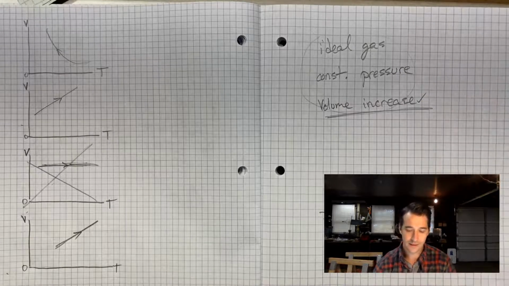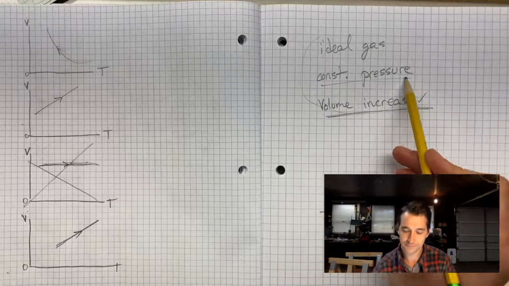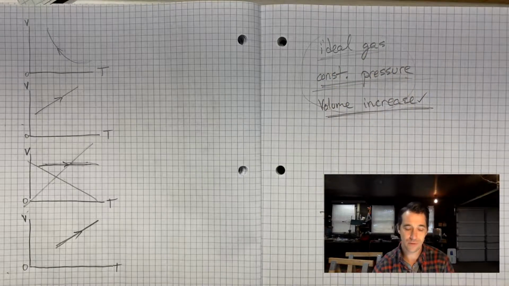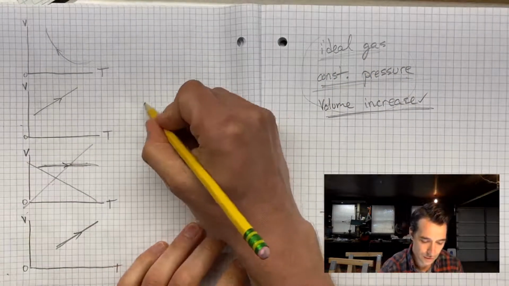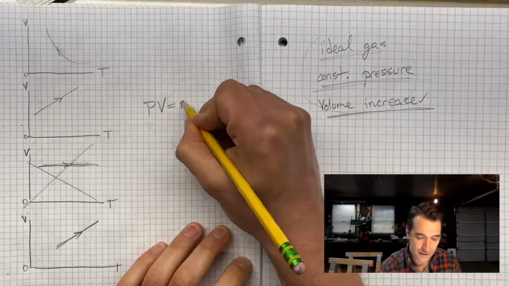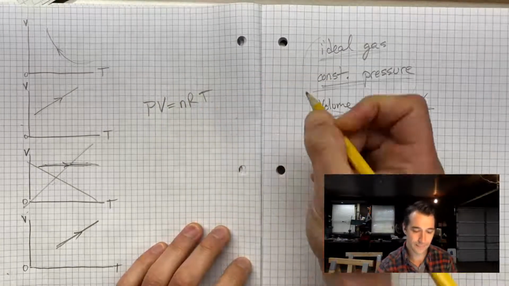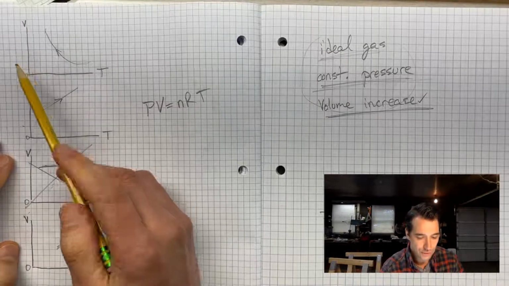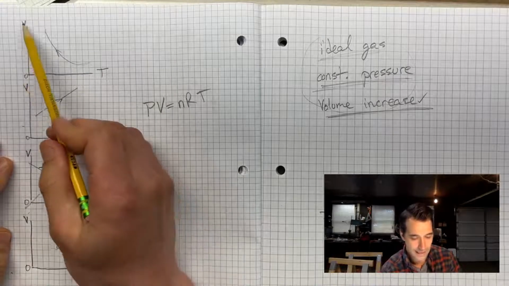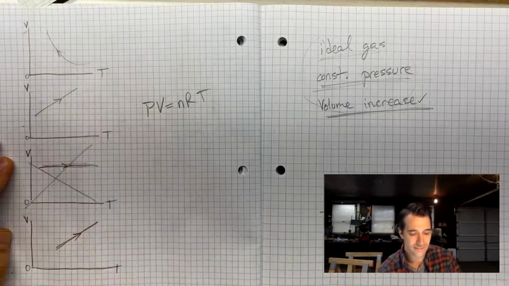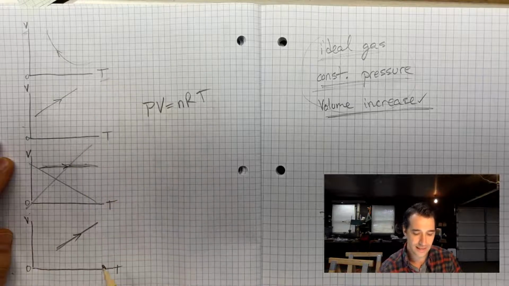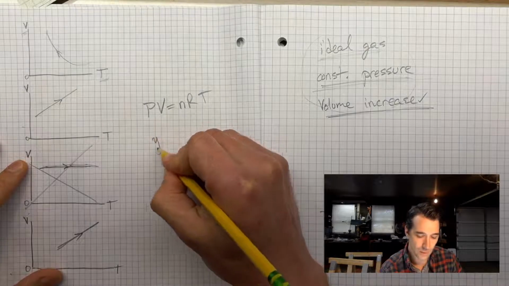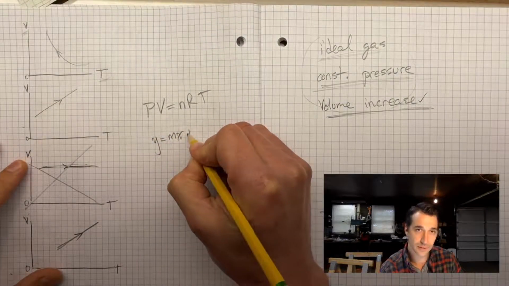Let's think. Now, constant pressure, and the words ideal gas should make you think ideal gas law. So PV equals nRT. We should probably think about, hey, our y-axis is V, our x-axis is T. Normally we're used to seeing lines as y equals mx plus b.